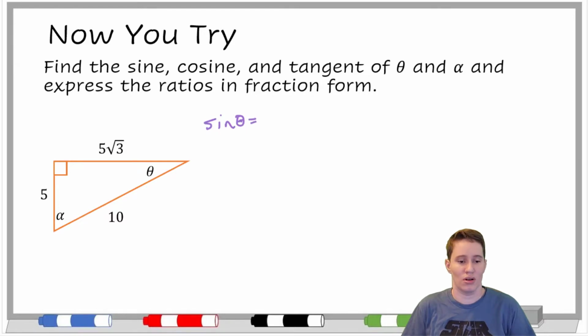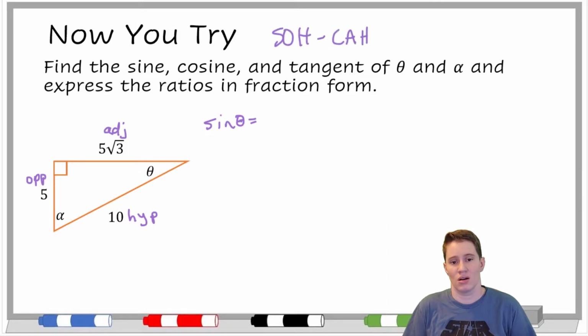Let's label our sides. Pause it, by the way, if you haven't already, so that you can try it yourself. So our opposite side is 5, our hypotenuse is 10, and our adjacent side is 5 square roots of 3. Remember, our acronym is SOH CAH TOA.